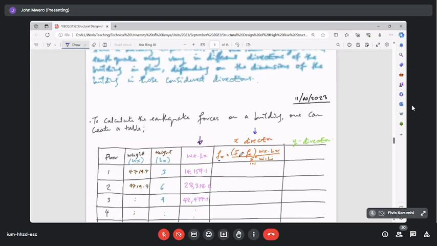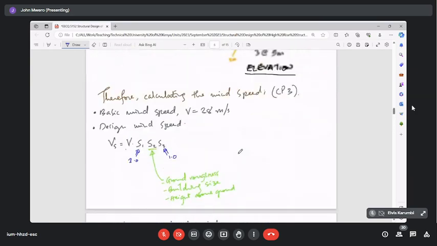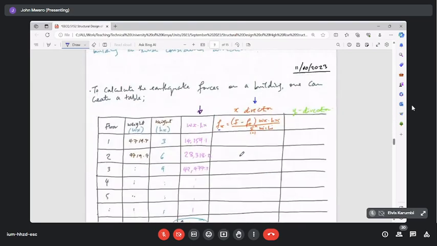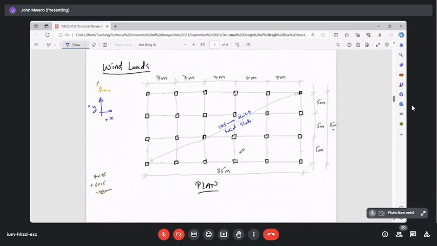If we calculated the force in the x direction, which is that way, x direction. Because we've drawn our shear walls to stiffen the y direction, we'll pick the force in the y direction.